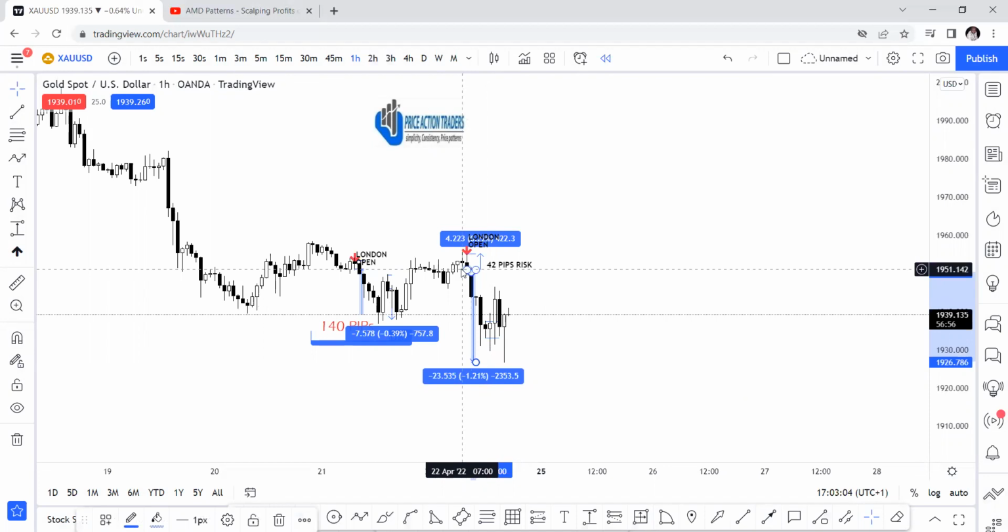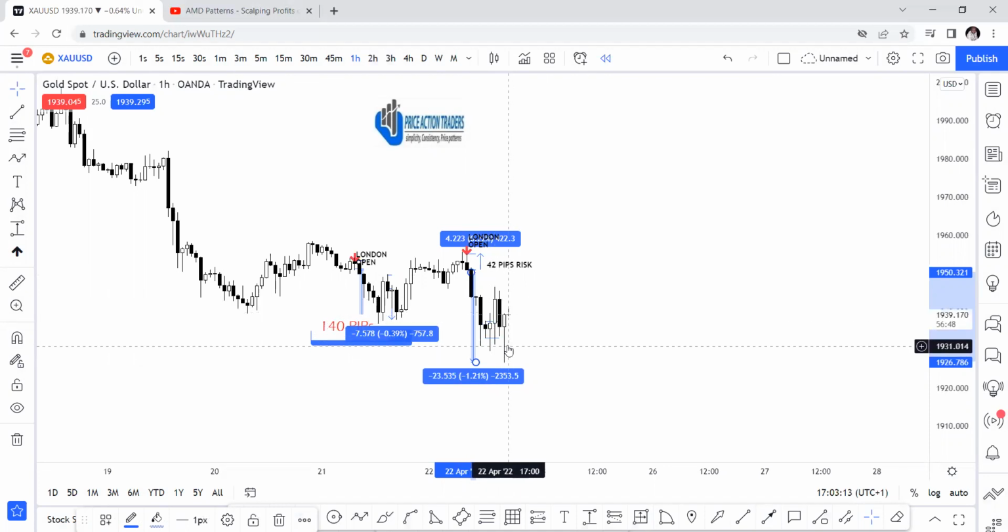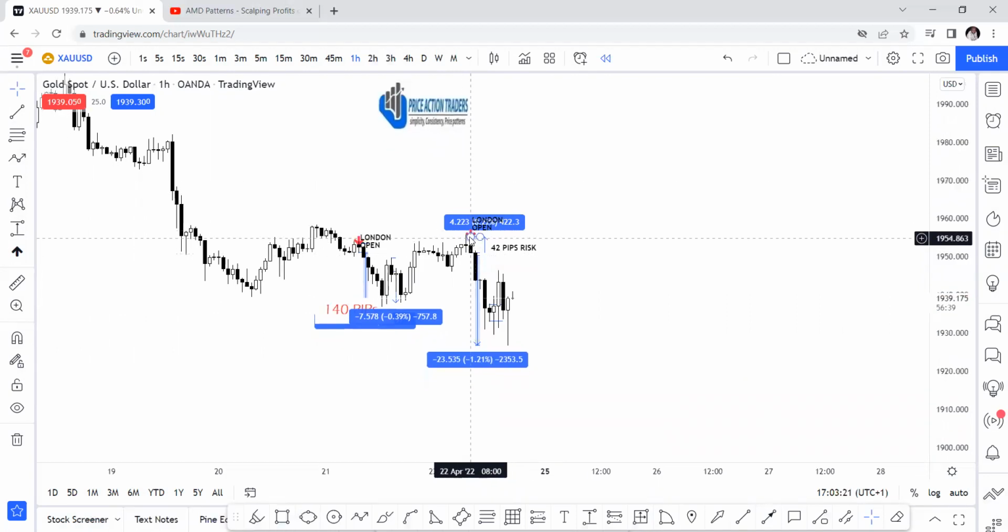Well, this is from London here, right? Then this is New York. We never got a close below the setup, right? But on London, we got the first trade. We first sell on London open. This is 9 o'clock, right? So we got this range.